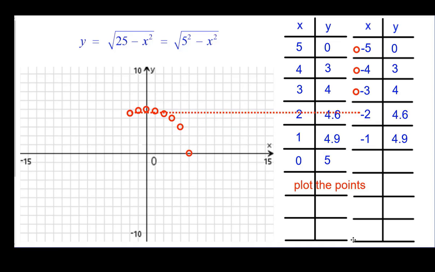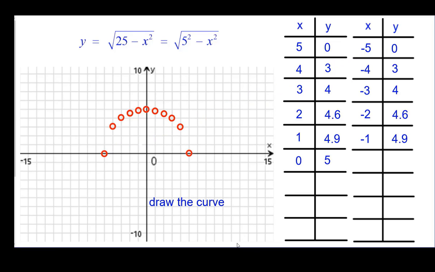Negative 2, we got the 4.6. Negative 3, negative 4, and negative 5. And you can see we've got symmetry here about the y-axis. So drawing the curve does definitely look like half of a circle, a semicircle.